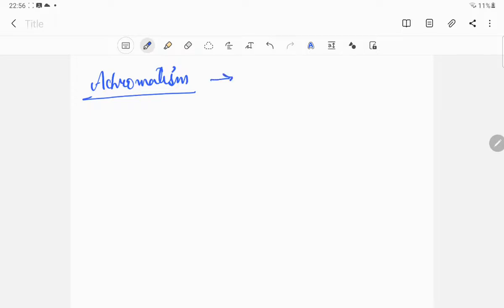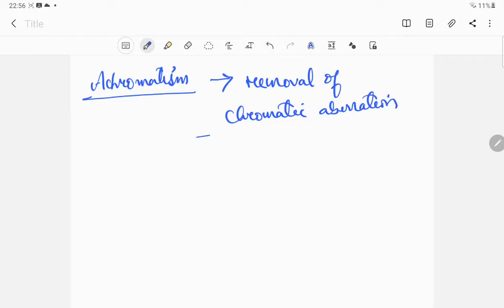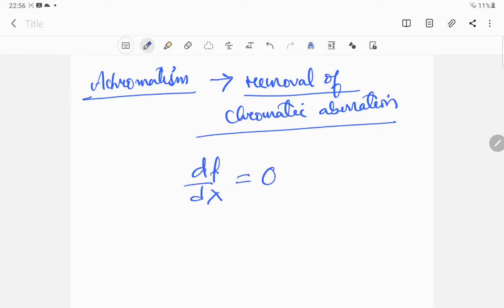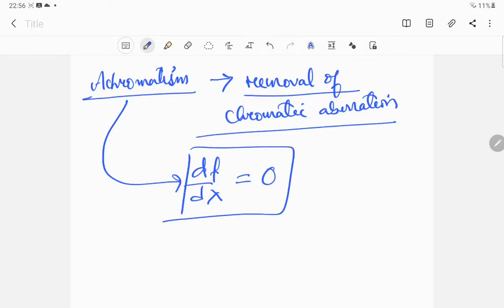It simply means the removal of chromatic aberration. So removal of chromatic aberration means what? df by d lambda should be equal to 0. Are you getting it? For chromatic aberration, df by d lambda is not equal to 0, but for achromatism df by d lambda must be equal to 0, which also implies dv by d lambda is equal to 0.